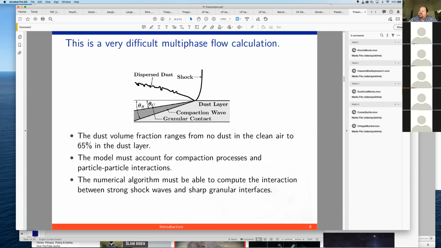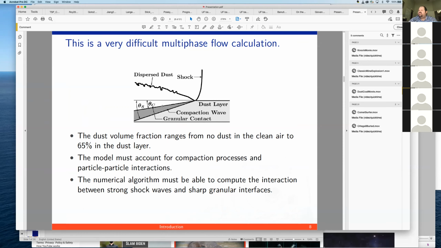In the highly compacted zone of a dust layer, the particle volume fraction can be 65%, which is the volume fraction of particles that you get if you just take a bunch of spheres, like in a ball pit, and just dump them in. The volume fraction of the balls in the ball pit at McDonald's or something like that would be on the order of 65%, give or take.